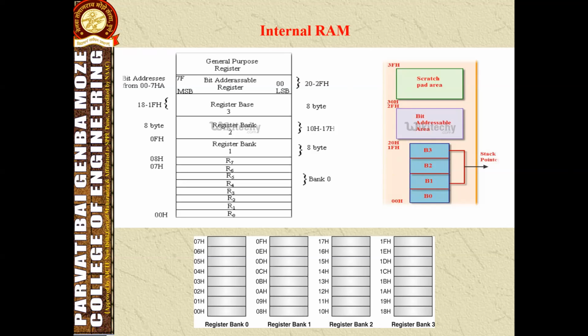The second is a bit addressable area of 16 bytes, and the third one is the general purpose RAM area, also called the scratchpad area.